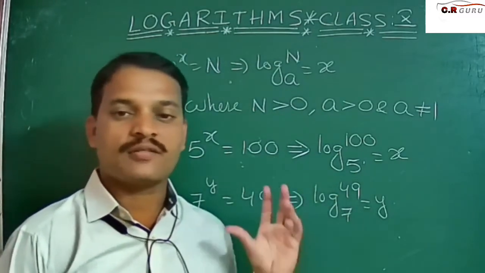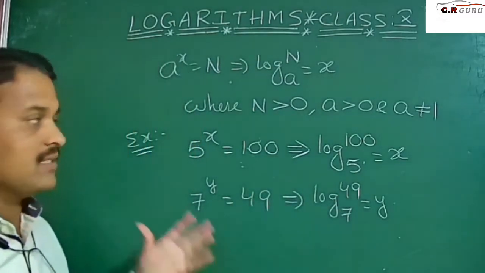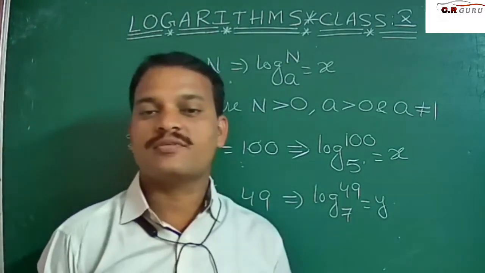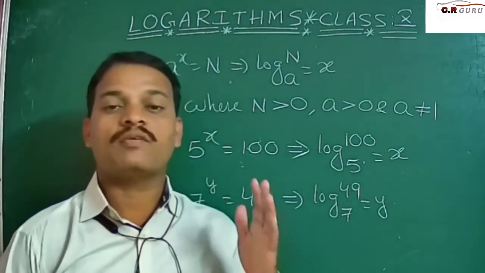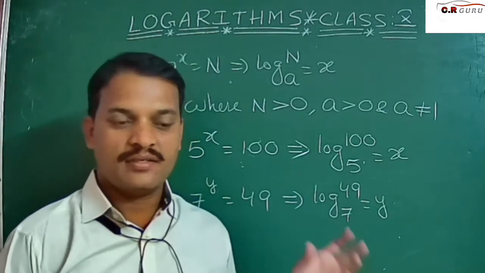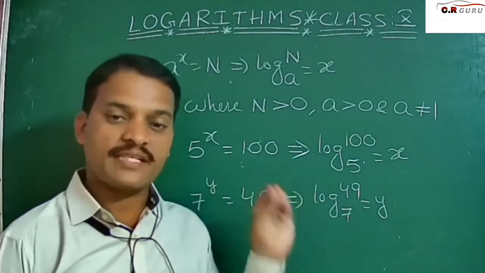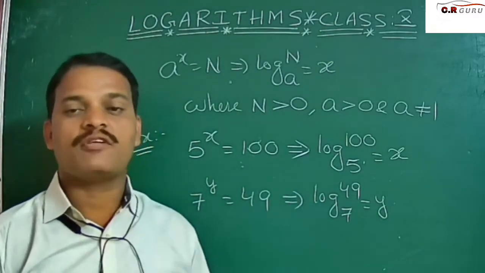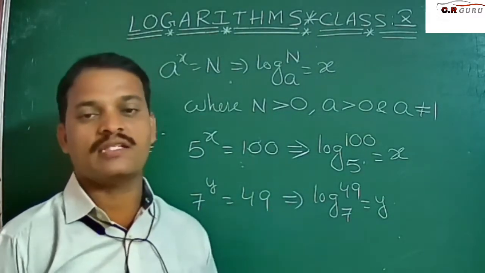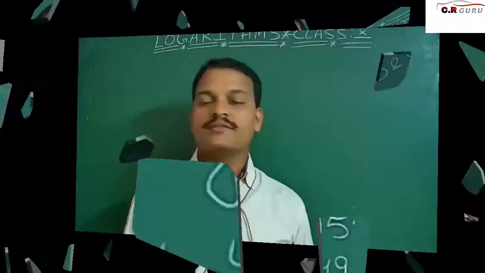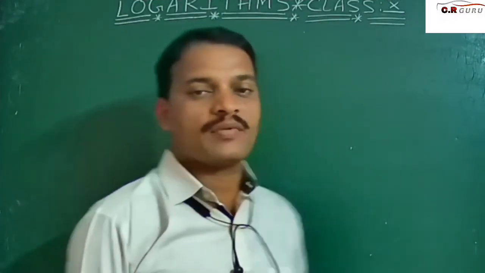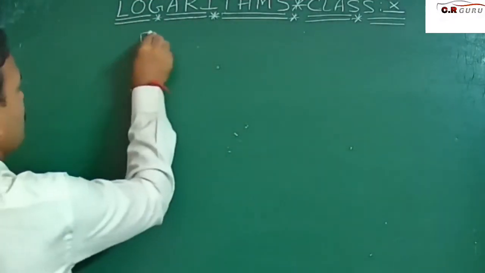Next, in the SSC textbook, before Exercise 1.5, some examples are there. Before I explain the examples, what are the formulas needed for logarithms? Now I want to explain the logarithmic formulae.